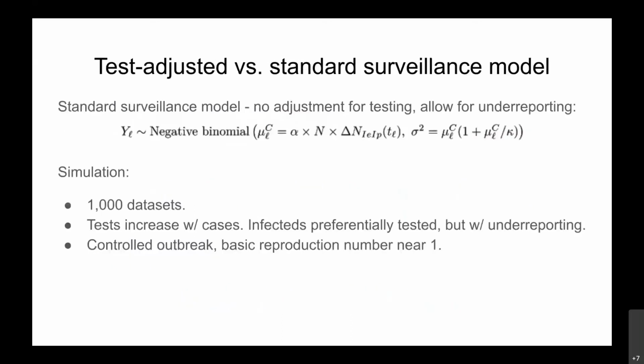So we went through a bunch of trouble to develop this, and why is it useful? This is just a simple simulation in which we compared our model that's adjusted for testing to a standard surveillance model with no adjustment for testing, but that does allow for underreporting.